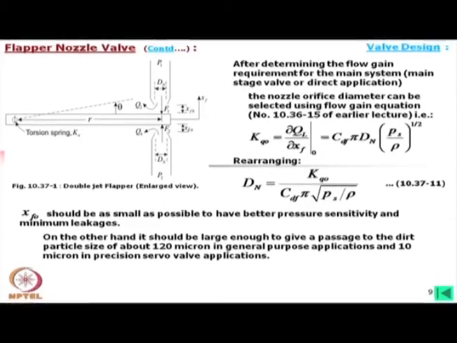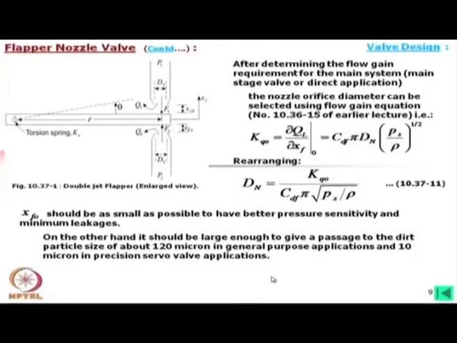In that case, usually a high pressure filter is used after the pump and before this valve. Okay. So, we need a high pressure filter. Again, using a high pressure filter is definitely a loss to the system, but we cannot avoid it, because such control is definitely expensive, but we need it, for example, machine tools, even missile control, etc.